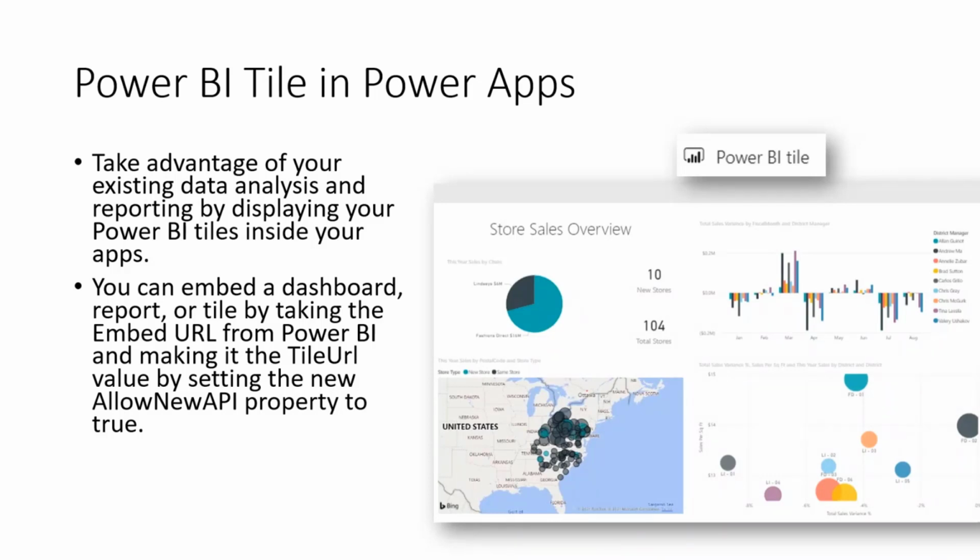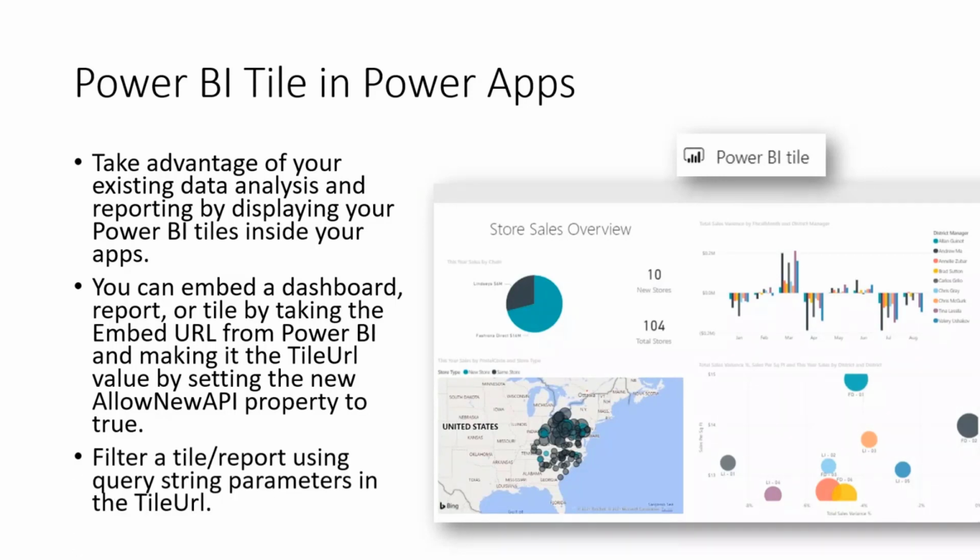So the full report, along with its filters, tabs, Power BI interactions, click, drill throughs, everything is possible now directly inside of Power Apps. And not just that, you can even slice and dice your data inside of Power Apps. When you bring this report into Power Apps, you can add filters to that Power BI report from data within Power Apps.